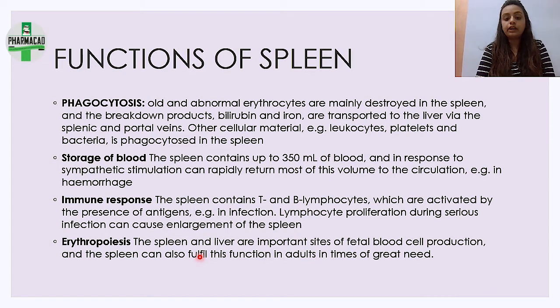And the spleen can also fulfill this function in adults if there is great need. मतलब किसी का bone marrow function नहीं कर रहा है, बहुत problem है, then in some cases the spleen takes up the function of erythropoiesis, but it is definitely not up to the par जितना bone marrow काम करता है.